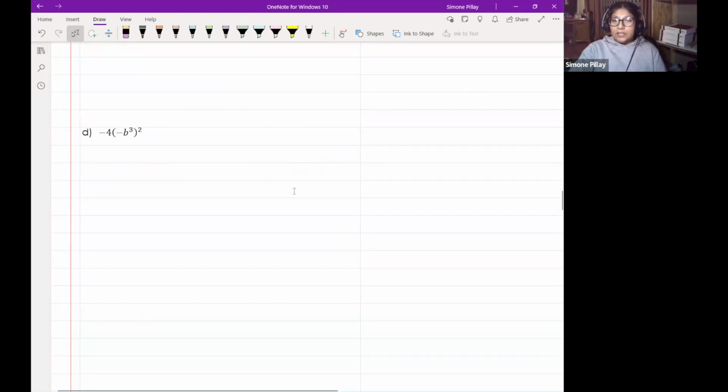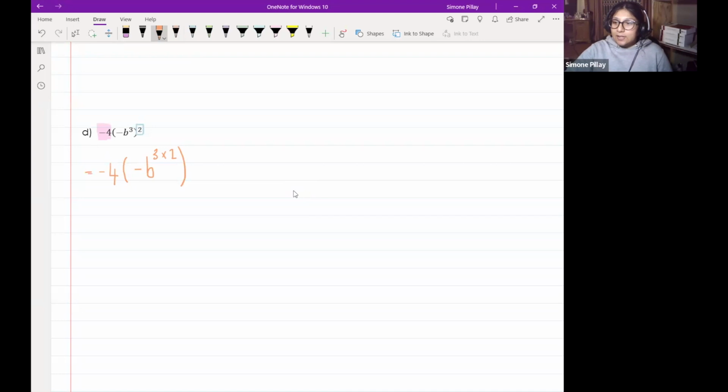Let's try this one over here. I want you guys to see something. Why is this different? My negative 4 is outside my bracket. So because it's outside my bracket, I can't take my exponent and apply it to something outside my bracket. That's not how law 3 works. So what I'm going to do is bring down my negative 4, and that is going to be multiplied by negative b, and then let's apply law 3. 3 times 2.